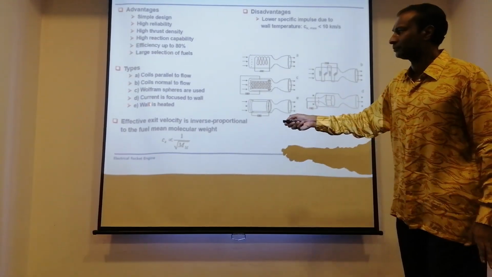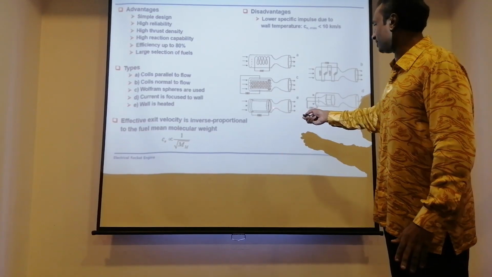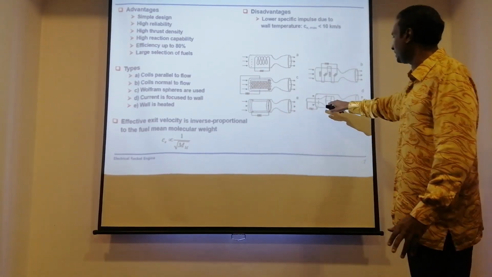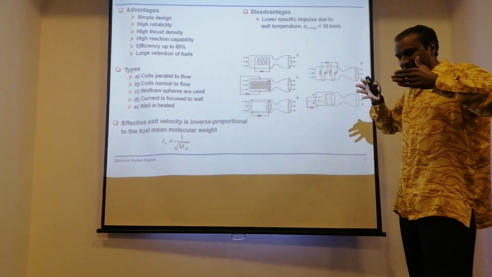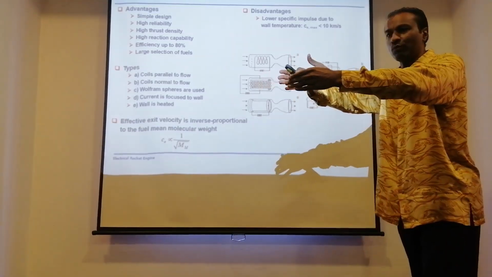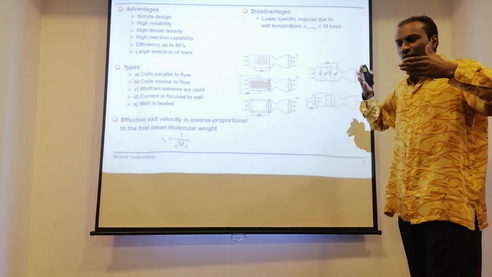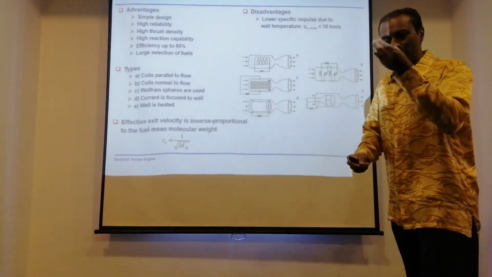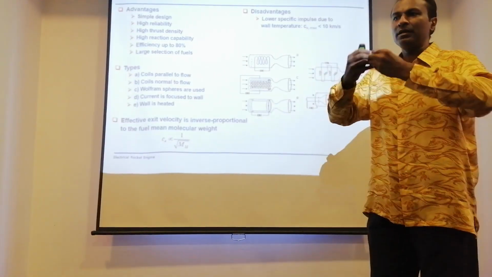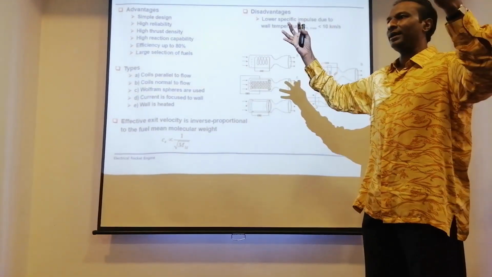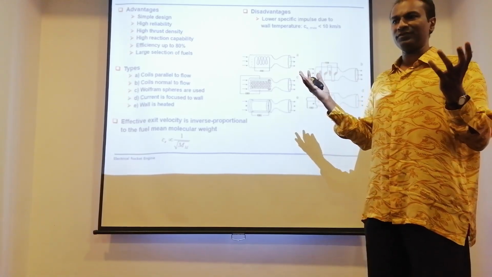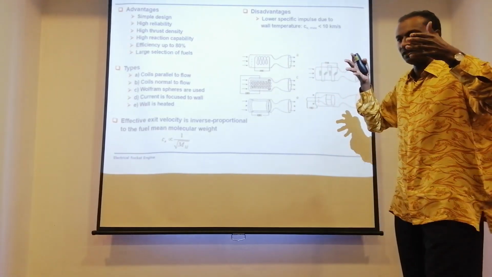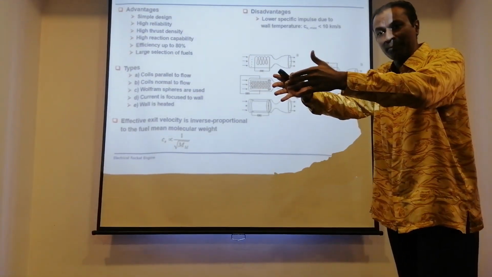For example, the wall is heated and current is focused to the wall. Here there is a taper, focusing to the wall. No problem, because you want to focus the fuel, a very small amount of fuel. If you put in a very small amount of fuel, it gets splashed everywhere and the burning may not be efficient. So you start focusing the fuel at a particular wall.